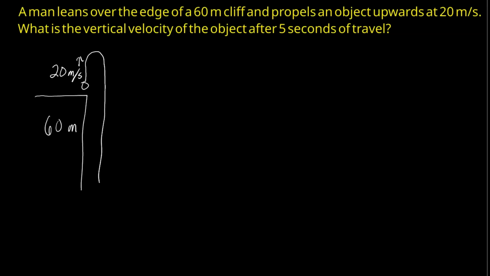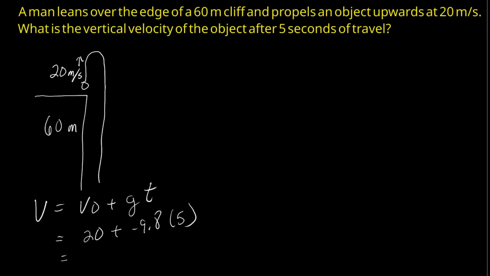We'll use the formula velocity equals the initial velocity plus gt. So that's going to be 20 plus negative 9.8 times 5. This will give me negative 29 meters per second.